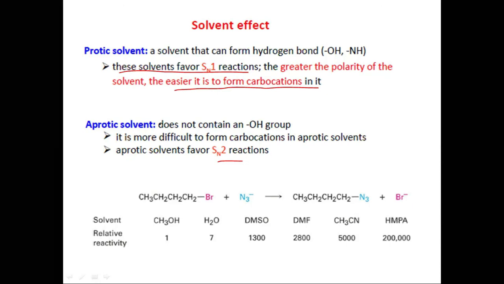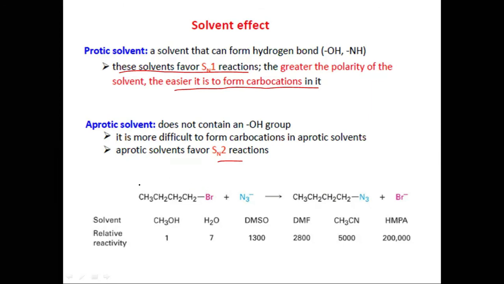Thereby, there will not be any influence of the solvent over the incoming nucleophile. It is more difficult to form a carbocation in an aprotic solvent, so it cannot easily influence carbocation formation. That's why aprotic solvents favor the SN2 reaction over the SN1 reaction.